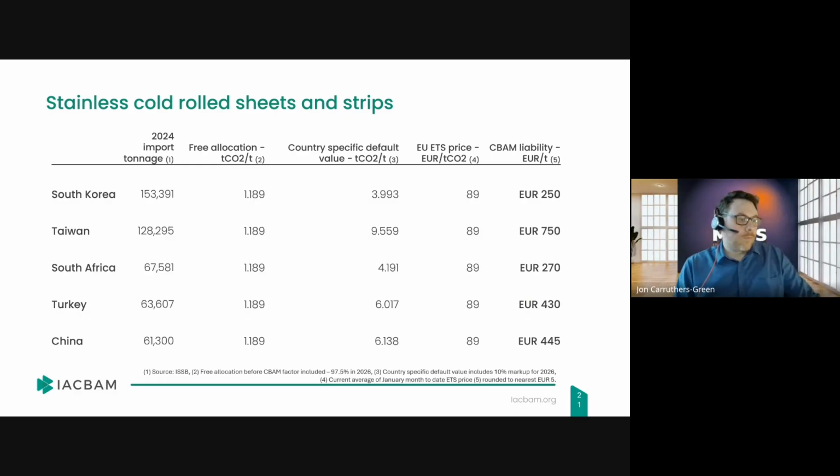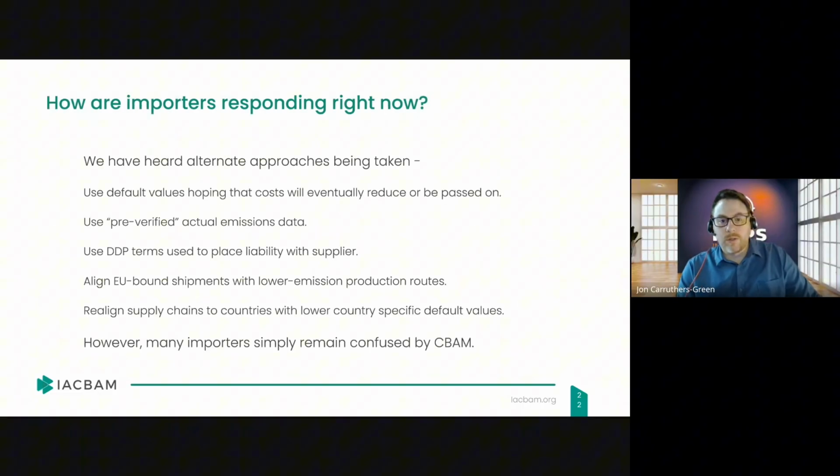With these default values potentially adding a really high cost, we need to say what is actually happening in the market. Our research team have fed back to us that there are various approaches being taken. Some of them involve holding out and hoping, really.